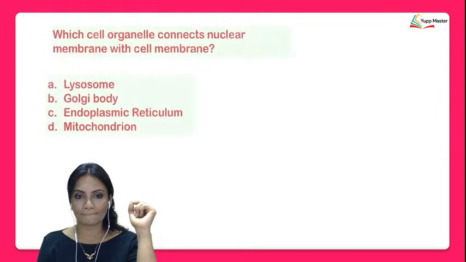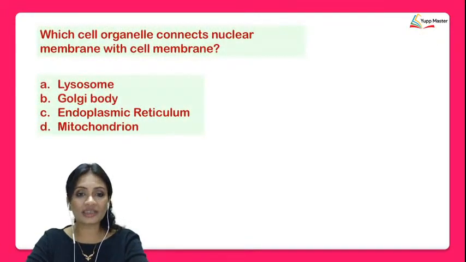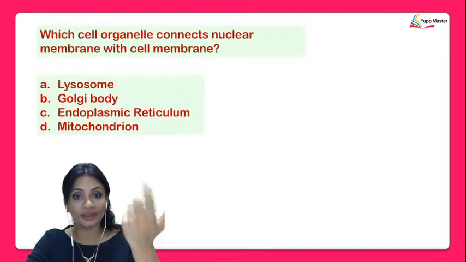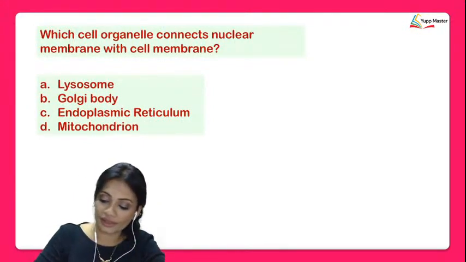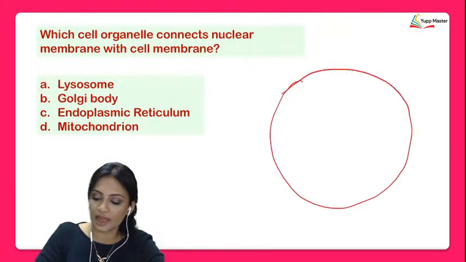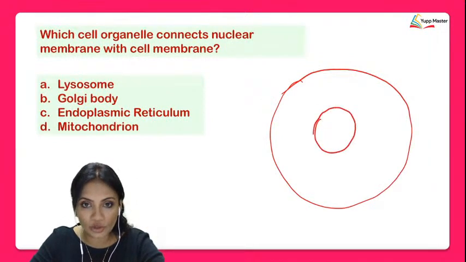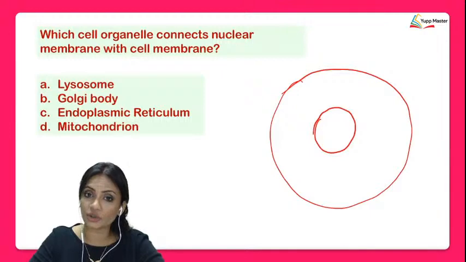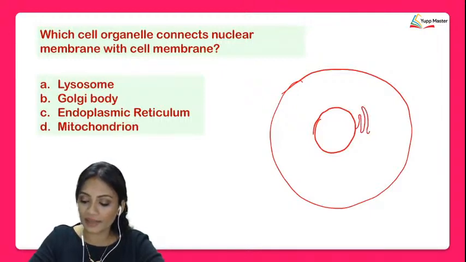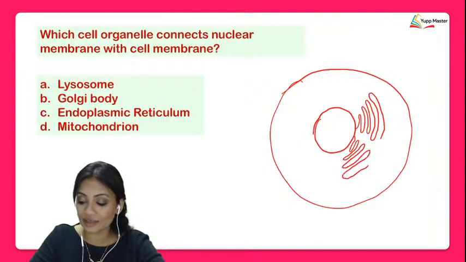Next, which cell organelle connects the nuclear membrane with the cell membrane? So over here, if you have the cell and this here is the nucleus, arising from the nucleus, connecting all the way to the cell membrane, there is one cell organelle, which I am drawing right here. It is forming like a big framework inside the cell.